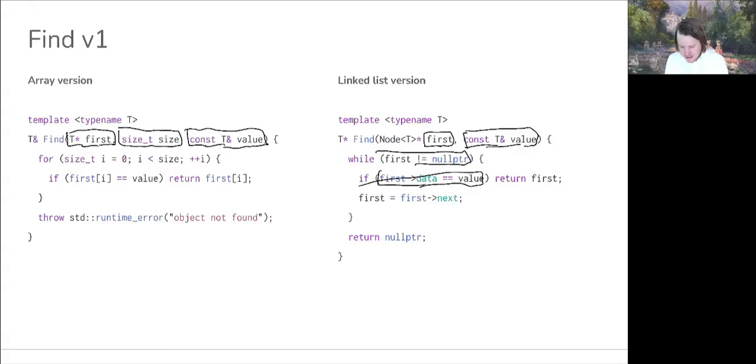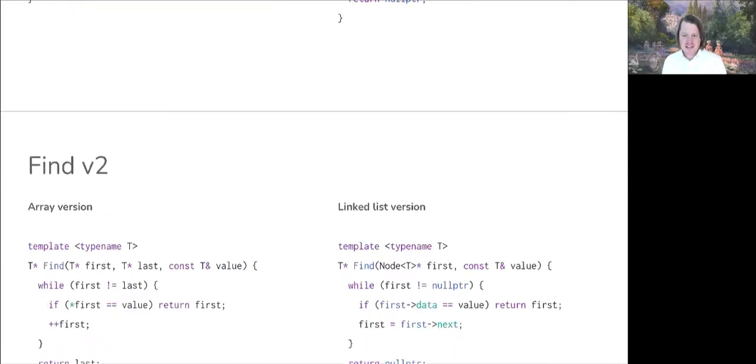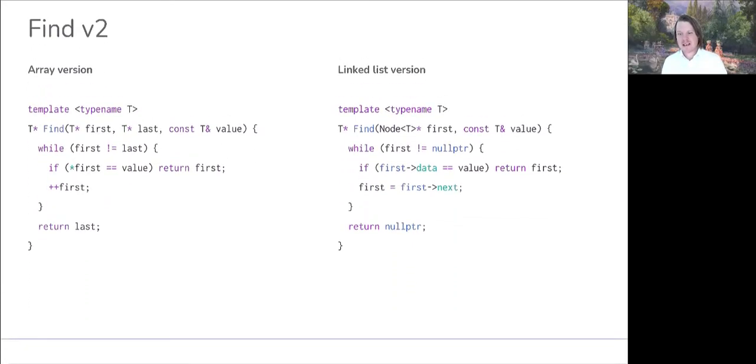If it is, we return the address of the node storing that object. Otherwise, we move first to first next. If we arrive at the end of the linked list and did not find that element, we return null pointer and let the caller figure out what to do in that instance.